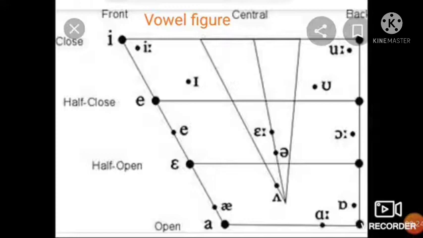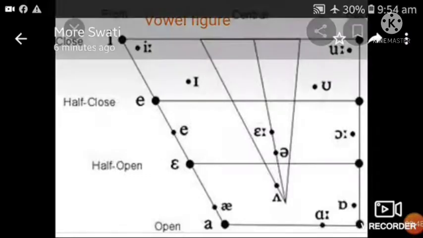Then long a, back open rounded vowel. Then central unrounded short vowel. Central unrounded vowel between open and half open. Then long a, central unrounded vowel between half close and half open.